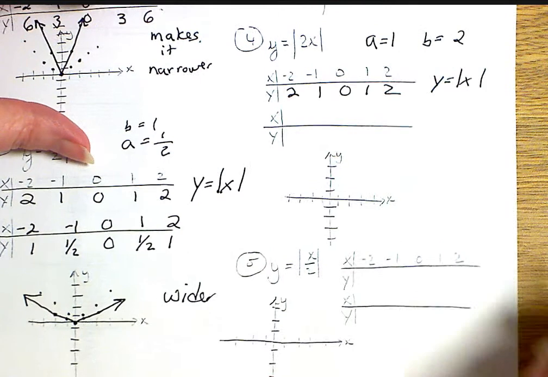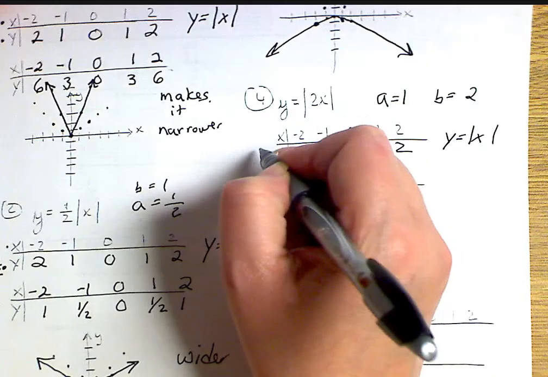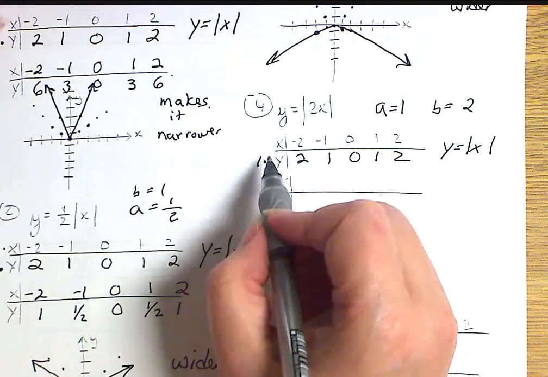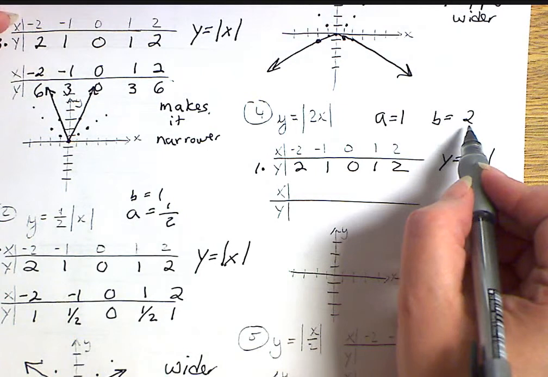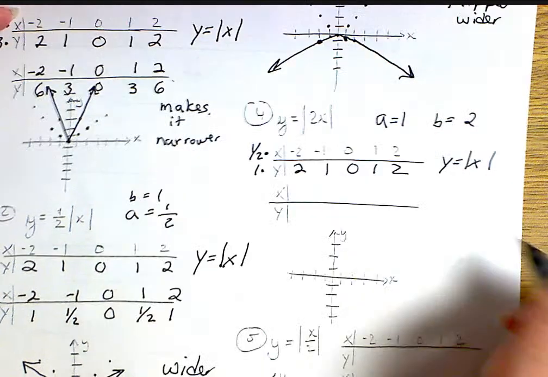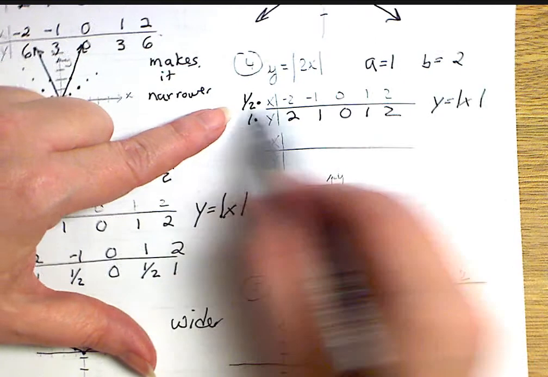It says A is 1, so we're multiplying the y's by 1 this time, and the x's by 1 over B. So 1/2 is 1 over 2. So the y's are going to be the same, now the x's change.